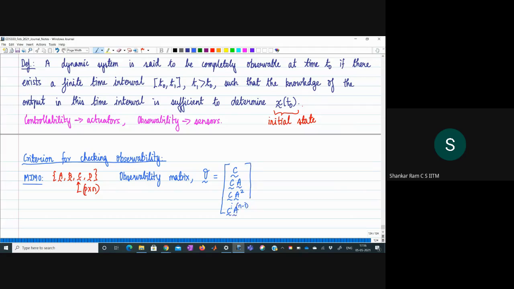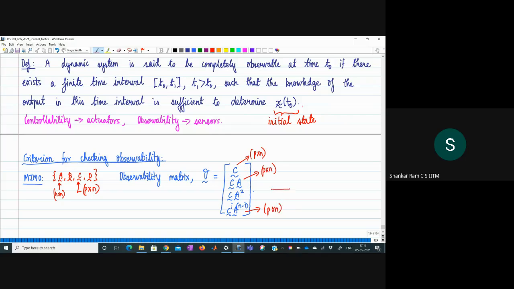You can see that it is complementary to what we learned in the controllability matrix. Please note that the matrix A is n by n. In the observability matrix, the matrix C is P by n, CA is once again another P by n matrix, and like that, CA power n minus 1 is a P by n matrix.